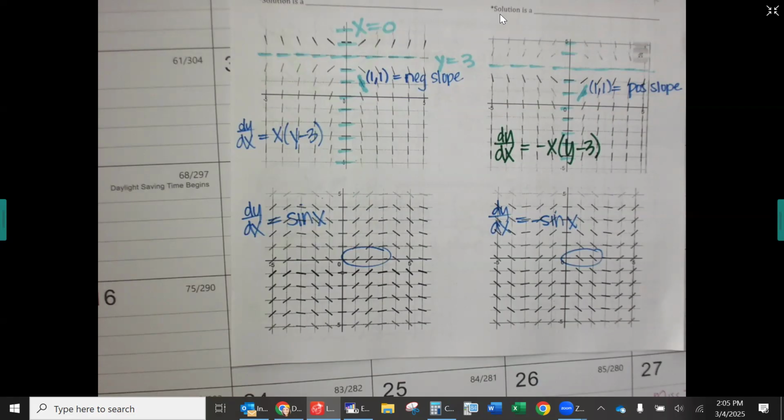Okay, so let's do this. We'll read this last. Exit 2. So this one has a column. Yeah, it is a column, but they need to all be flat. These are all flat, you know what I mean?